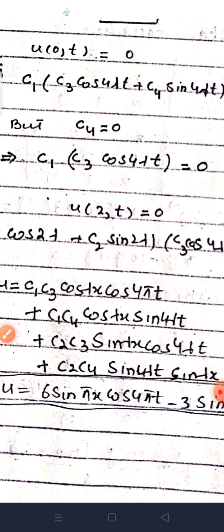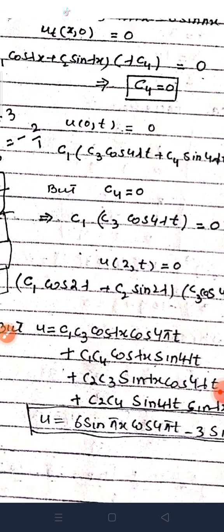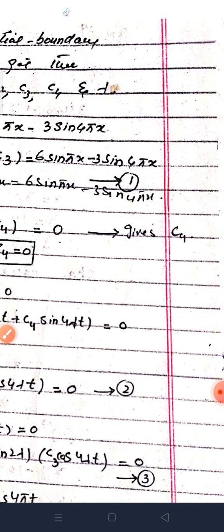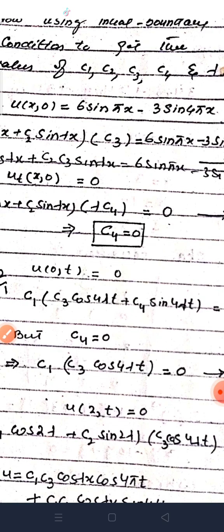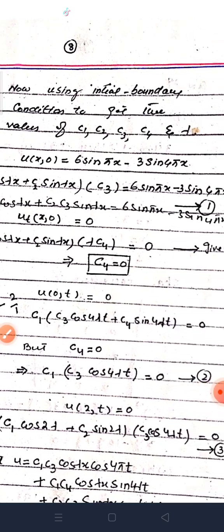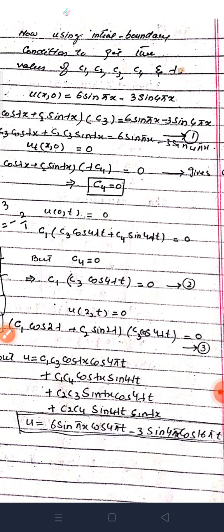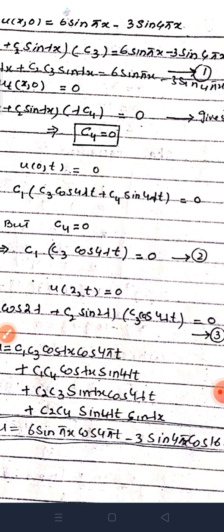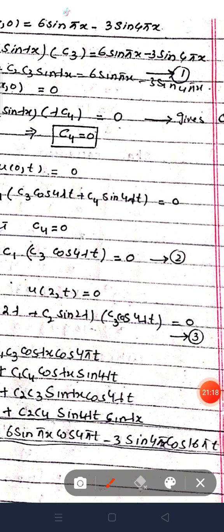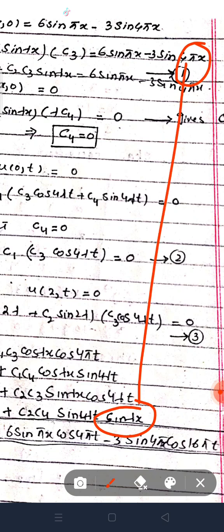Here I am considering this sine. Here the sine was pi x, but here the sine was lambda x and the sine was 4 pi. Therefore lambda is equal to 4 pi.